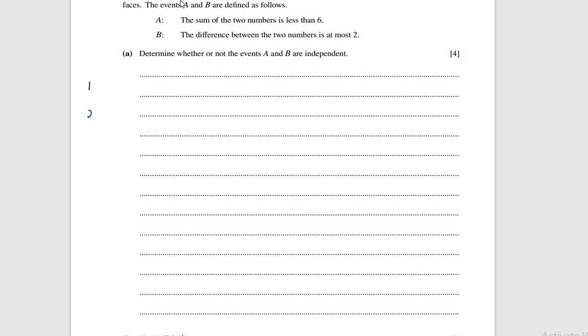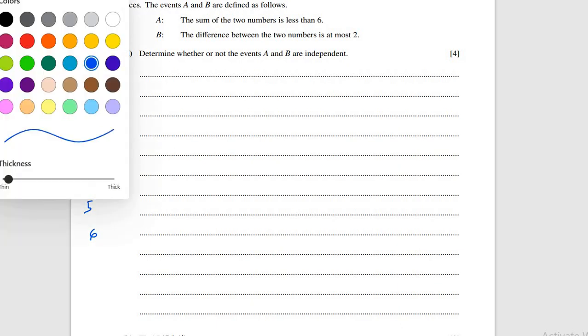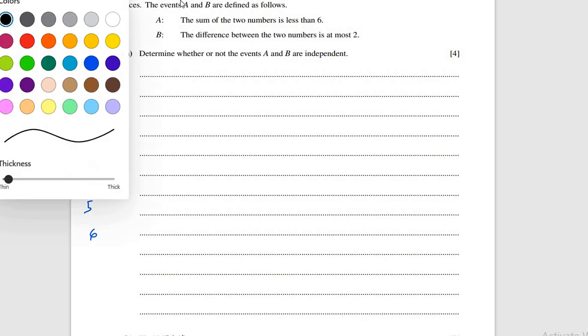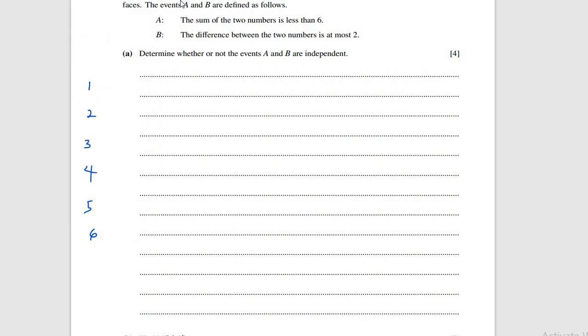First die: 1, 2, 3, 4, 5, 6. The other die, let me use this color: 1, 2, 3, 4, 5, 6. That's the two dice. Put them together.